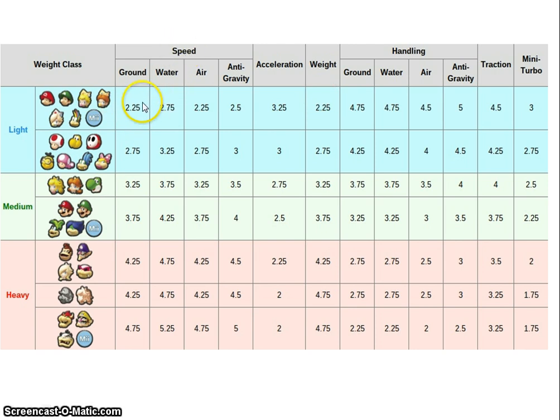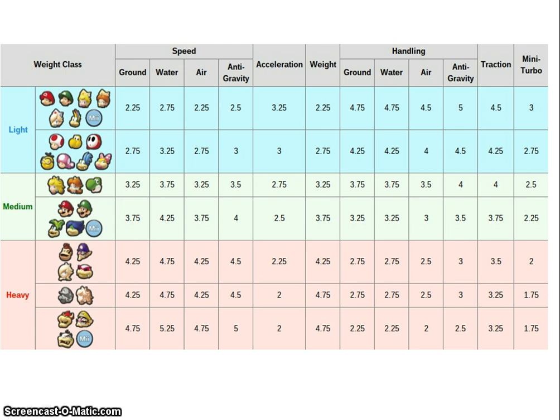They're not fast on a straightaway. Vice versa, heavy characters in Mario Kart suck at acceleration. They can't really get very fast off the starting line. And they don't handle very well compared to lighter characters. But on straightaways, they go very, very fast. In other words, they're specializing in long-distance fast movement.